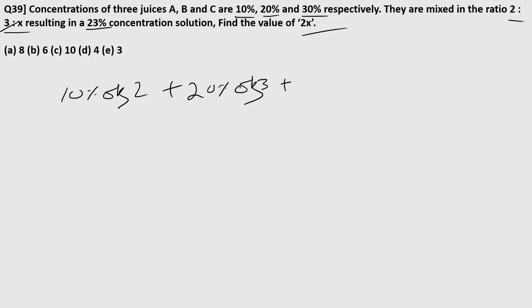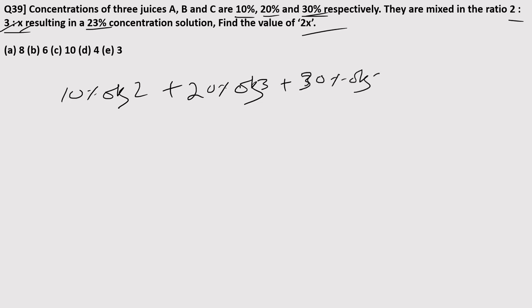Question 39. Concentration of three juices A, B and C are 10%, 20% and 30%. They are mixed in the ratio 2:3:x. Fine. And resulting in a 23% concentration solution. Find 2x. Okay, fine. Let's apply weighted average. So 10% of 2 plus 20% of 3 plus 30% of x.